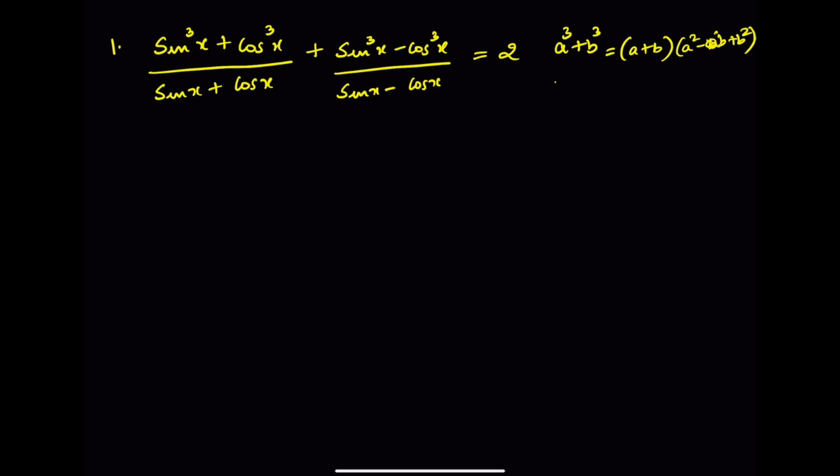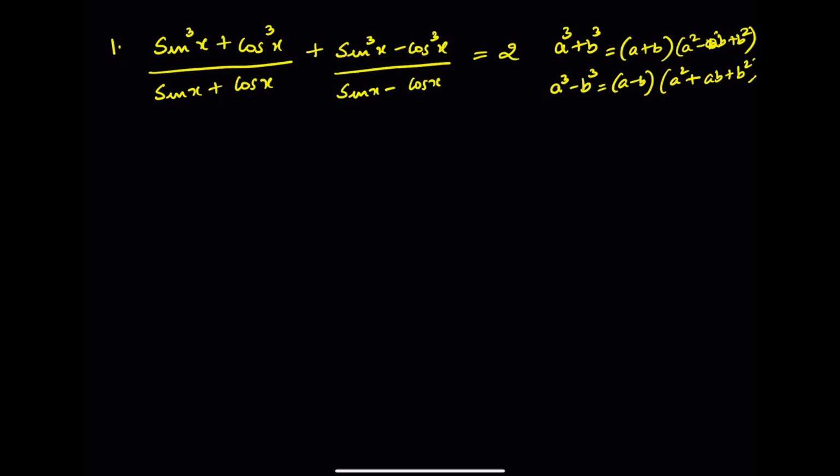And the other part is a³ − b³, which is sin³x − cos³x. So this will be (a − b)(a² + ab + b²). So let's apply this to the problem now.